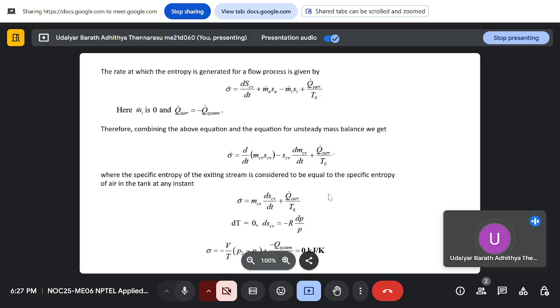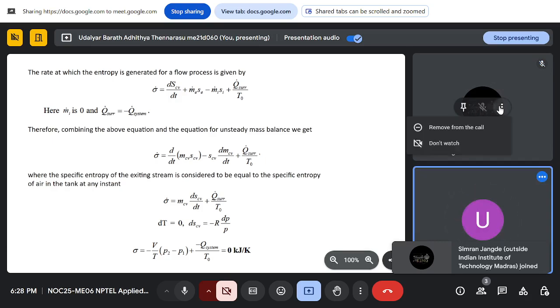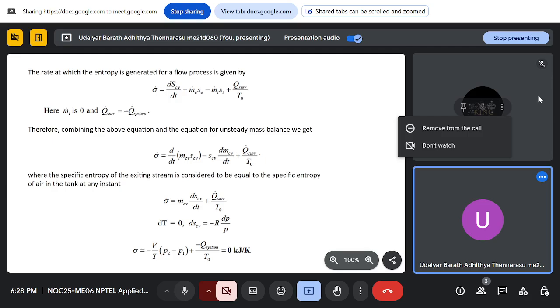For this, the rate at which the entropy is generated for a flow process is given by sigma naught is dS_CV by dt plus m dot exit stream entropy minus inlet stream entropy plus q surrounding by T naught.